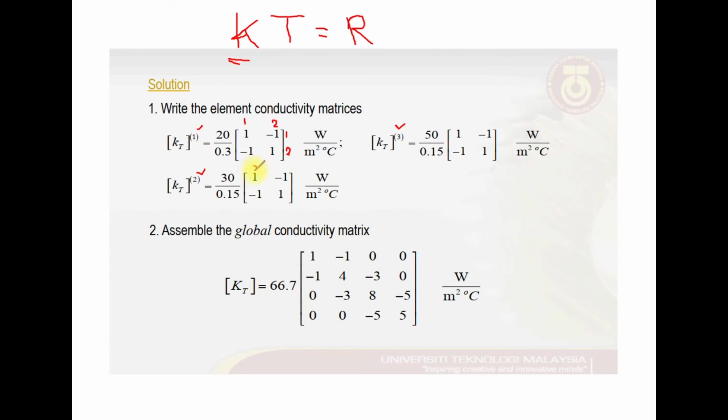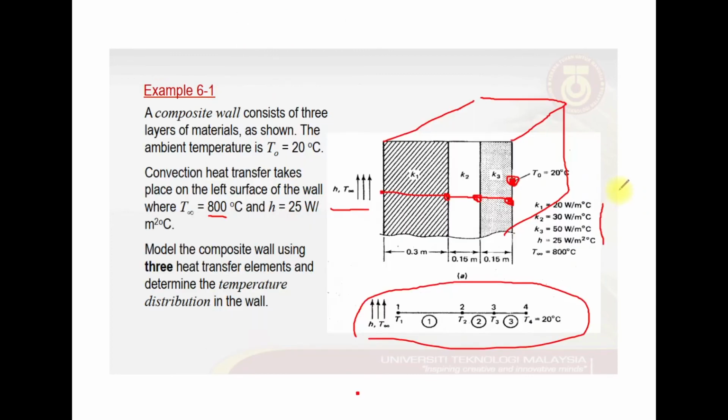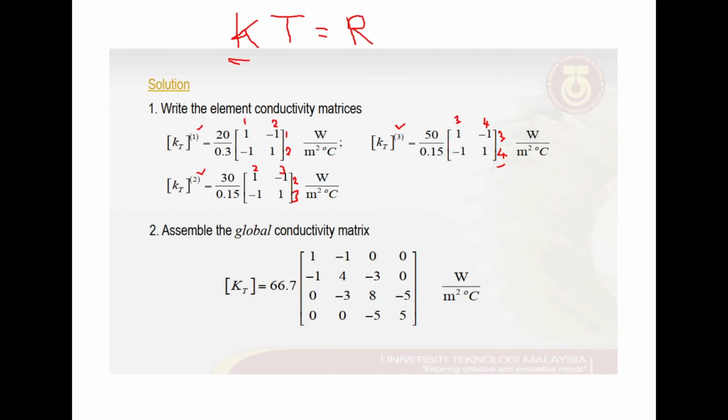So I can write 2, 3, 2, 3, and here I have 3, 4, 3, 4. The largest index that I have here should be equivalent to the largest node number in my system.